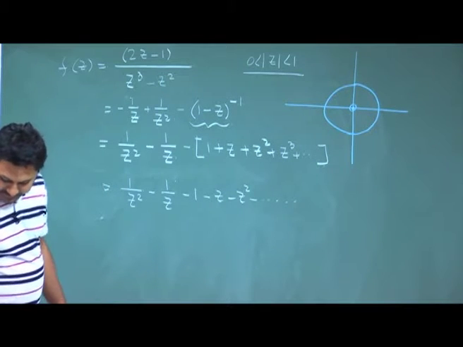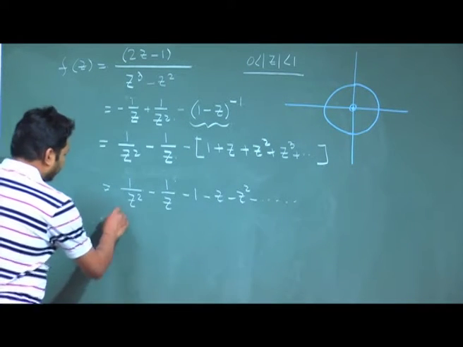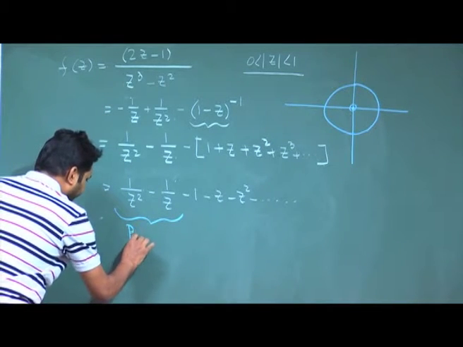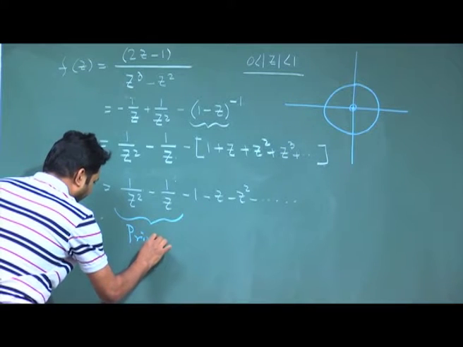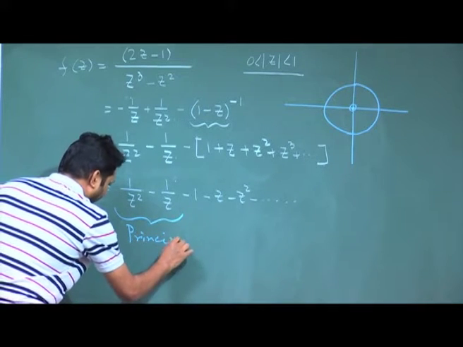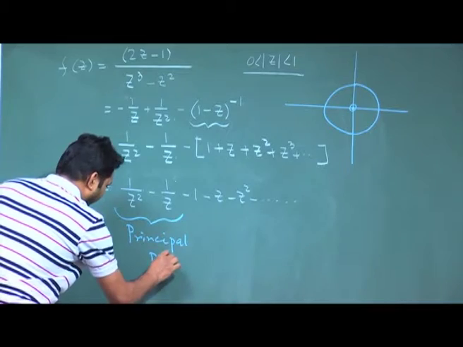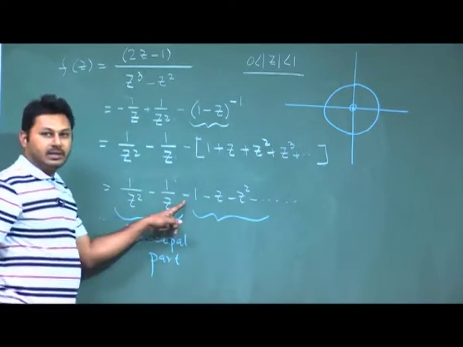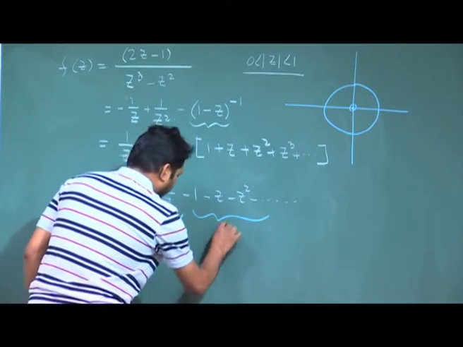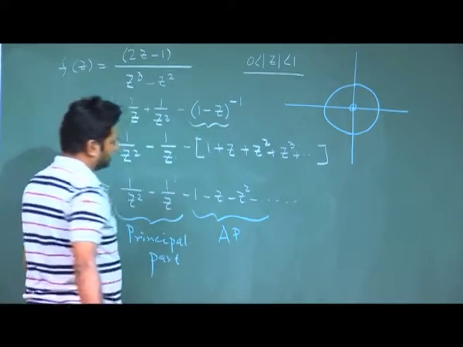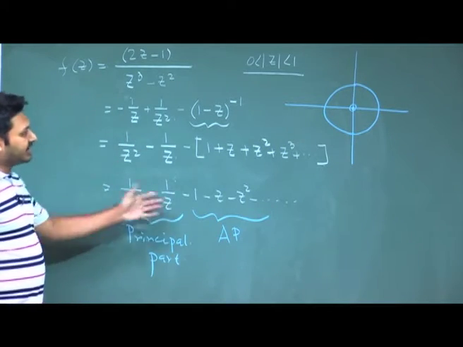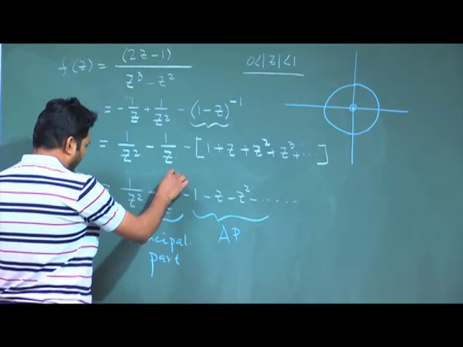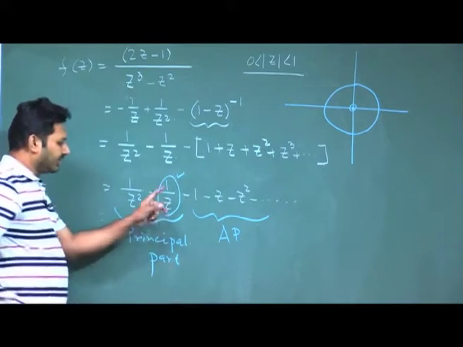So, you can readily understand that this part is your principal part, and the rest starting from minus 1 is your analytic part. I can just divide this into principal part and analytic part. Again, this 1 by z term is important. I will come to this point again, because this is the residue.